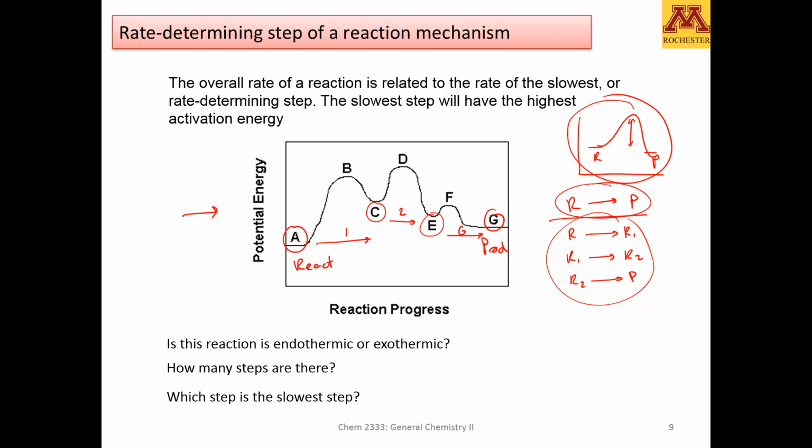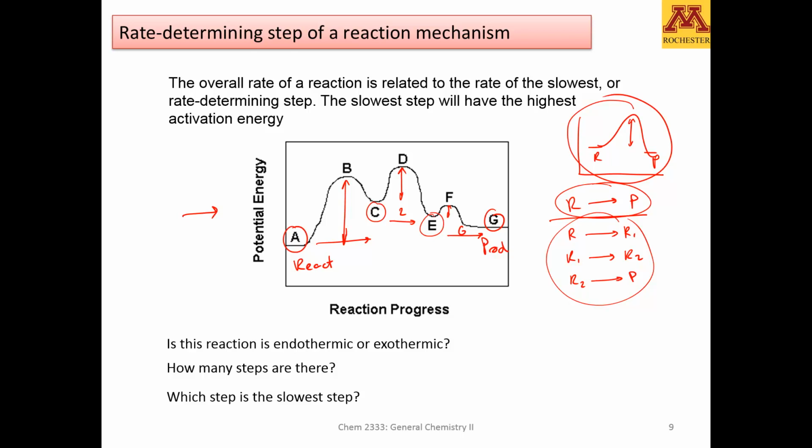We do not know what the composition of C and E may be. Okay, but it's important to realize that each step will have its own activation energy or its own barrier.